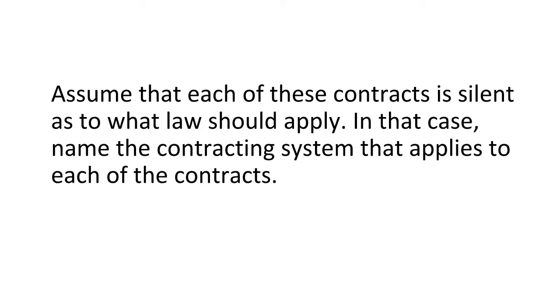So on your test, you'll see something very similar to this. You'll see a fact pattern, and I'll ask you what contracting system applies to each of the contracts. Remember those rules that we talked about, that the common law is going to govern services, employment, insurance, real estate.